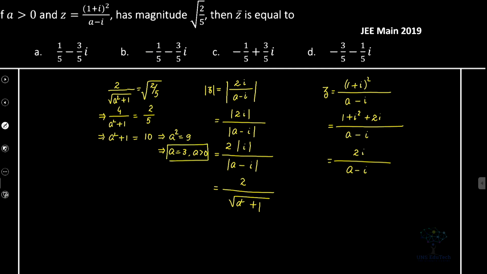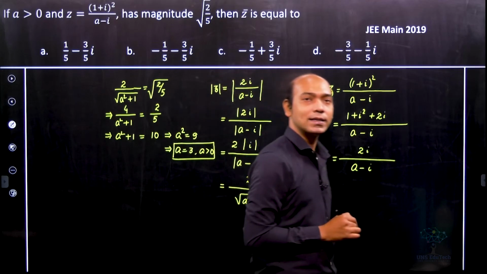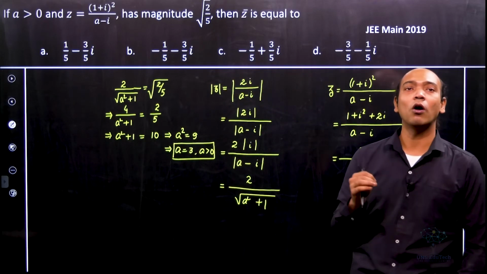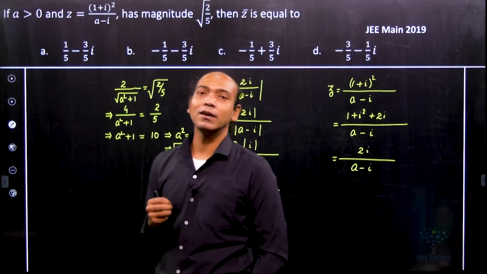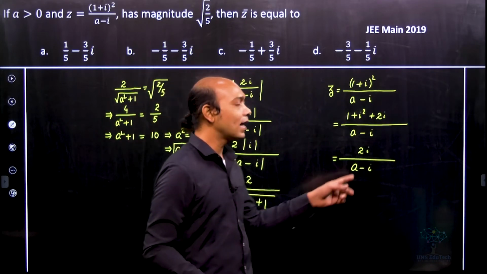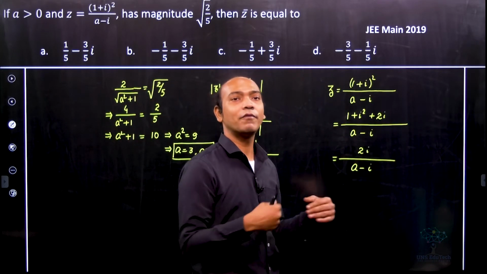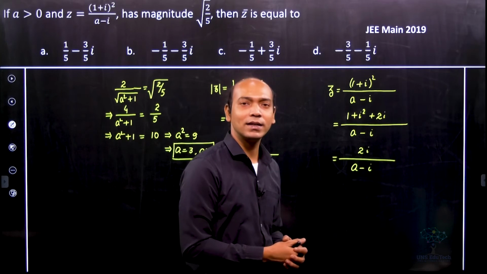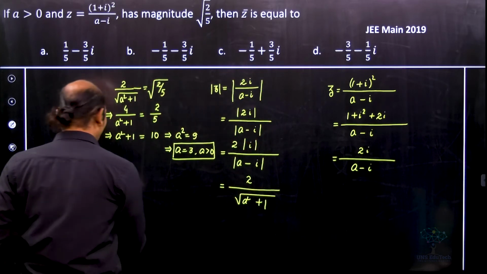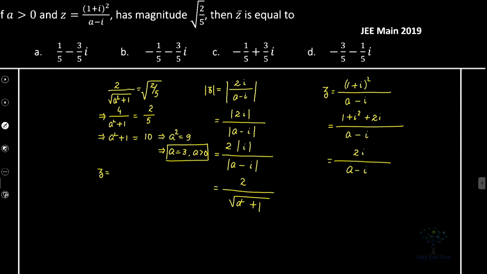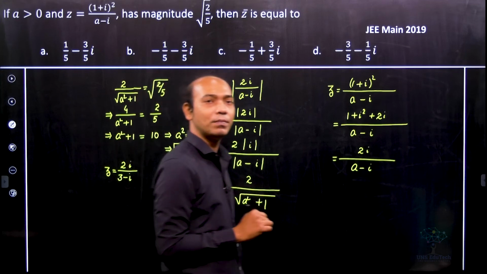So we ignore A equal to minus 3. So we calculate the value of A. Now, whenever we calculate the value of A, we are able to write Z as 2i by 3 minus i. So my complex number Z will become 2i divided by 3 minus i.